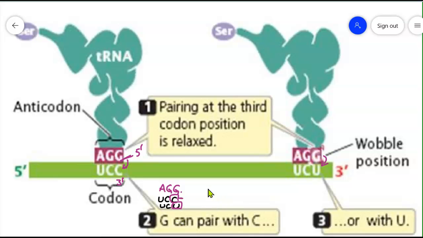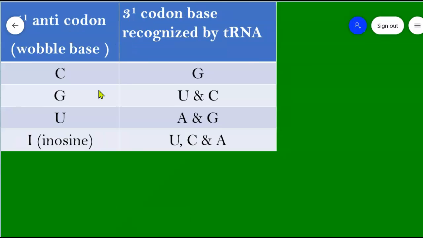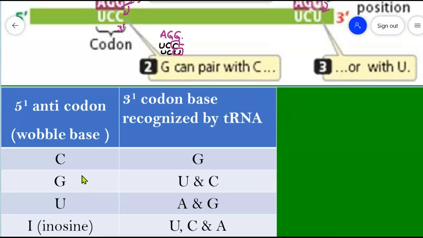Depending on the wobble base, the number of codons recognized would vary. This table gives a clear picture of the wobble base, the first nucleotide of the anticodon on the tRNA, and the last nucleotide of the codon.